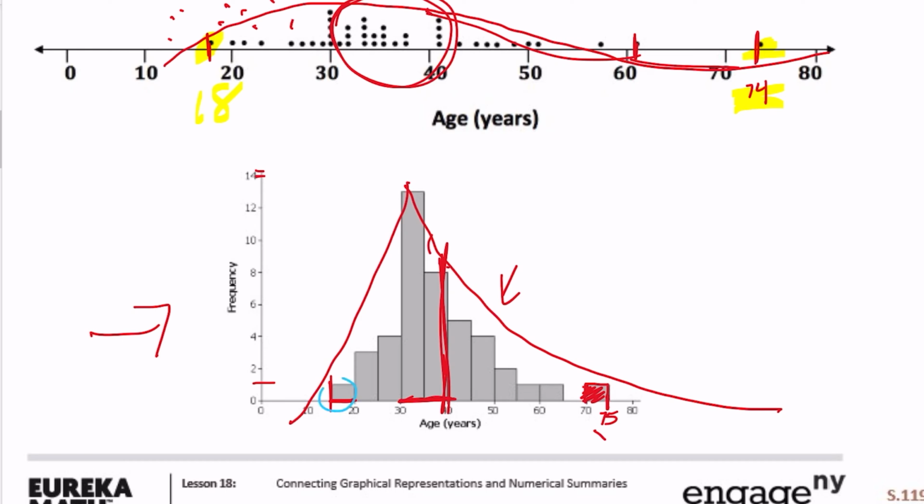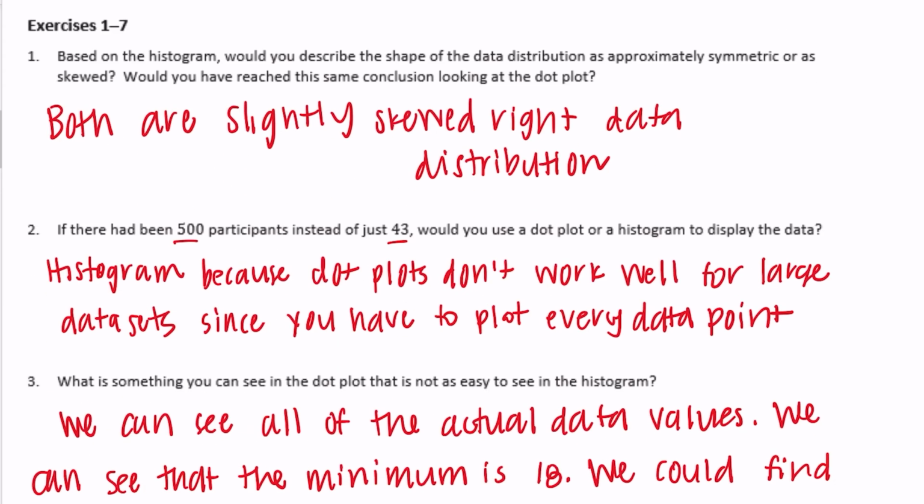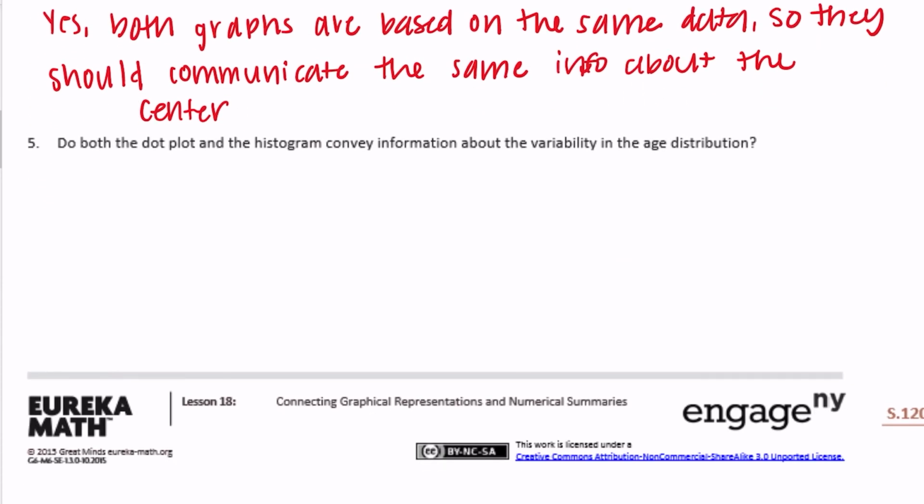So we just know it's between 15 and 20. And here it's between 70 and 74. I guess this would be 15 and 19. So we don't know the exact age. We just know general. But it is conveying the same information. So yes, both are based on the same data.